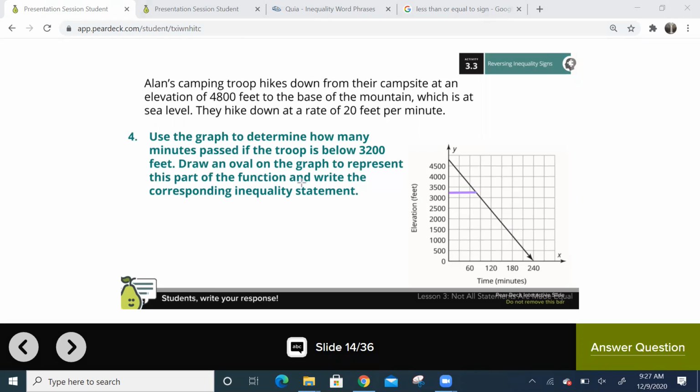At this point, the minutes that have passed would be 80 minutes. It's going 30, 60, 90, so it'll be right about 80 minutes right here. So we're going to do an oval.